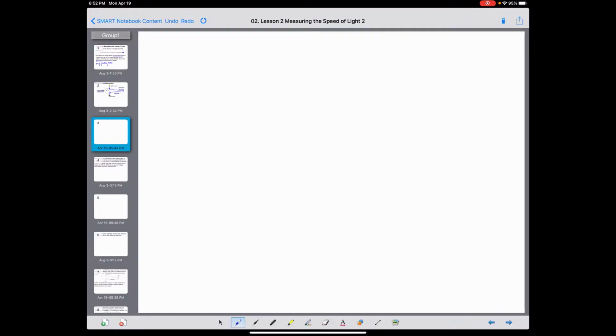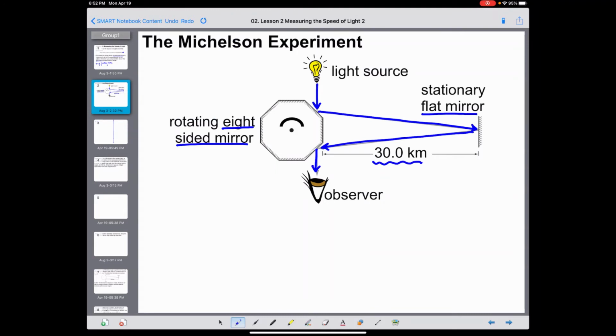So now that we've looked at that experiment, we're going to try to derive a formula that we can use when we're doing Michelson experiment questions. So we're going to start with v equals D over t. Up here on this side of the screen, I will make a list of variables. So we're just going to go back for a second. 30 kilometers, that's the distance one way from the rotating mirror to the flat mirror.